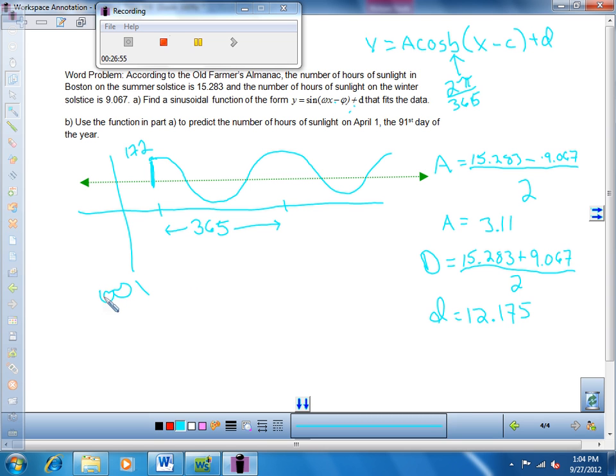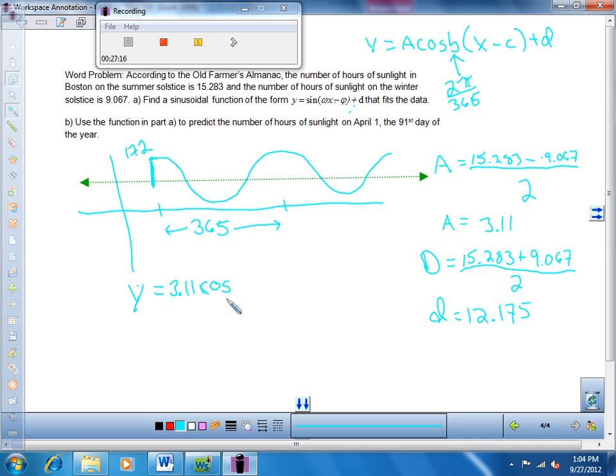So the way I write this in an equation is y equals a, which we determined, which is 3.11. We're going to model this as a cosine function. Cosine.